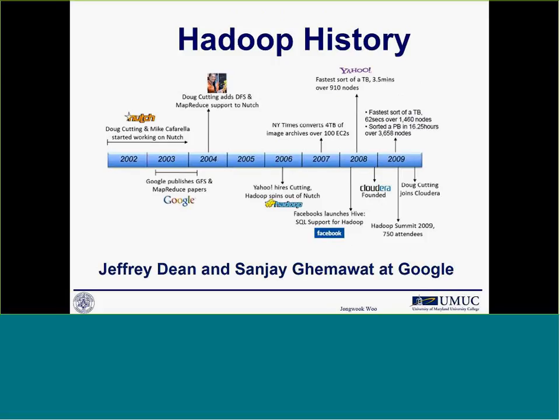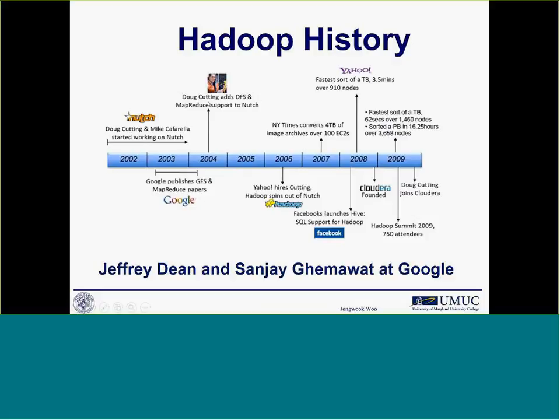So if we go back to the Hadoop history again, Doug Cutting had been working on the Nutch web search project, and then around 2003-2004, Google published the papers about Google File System and MapReduce, and then Doug Cutting was motivated to start his own project in Apache using a distributed file system and MapReduce.